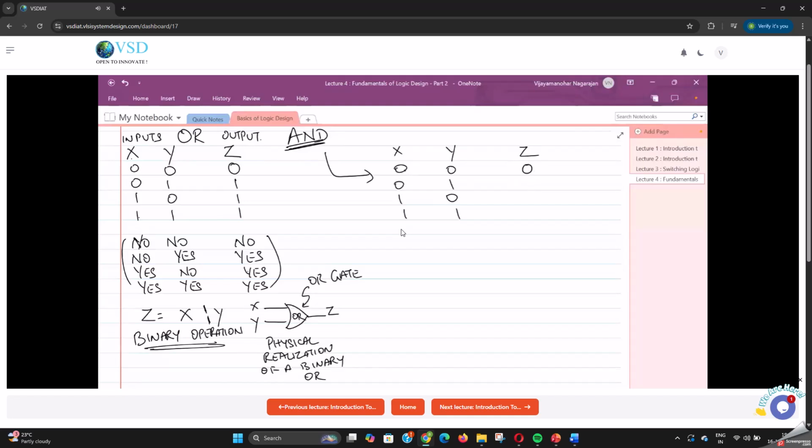Here also, all the conditions should be met. So 0 and 1, this is false and true, means the answer will be false. So this will be 0. 1 and 0, it will be 0. 1 and 1 only will give you 1. So mathematically this will be represented like a dot for the AND.